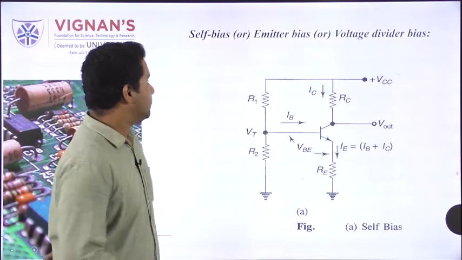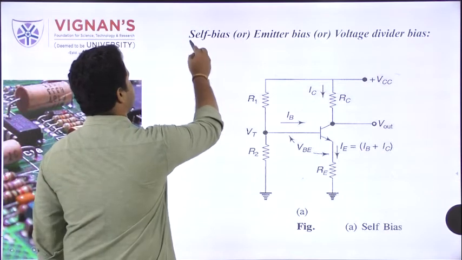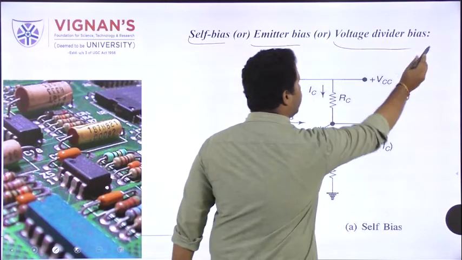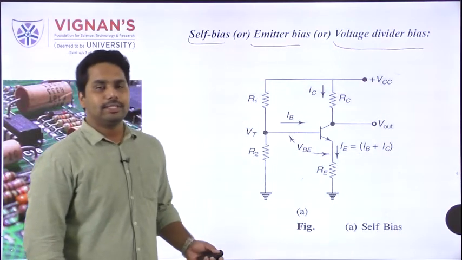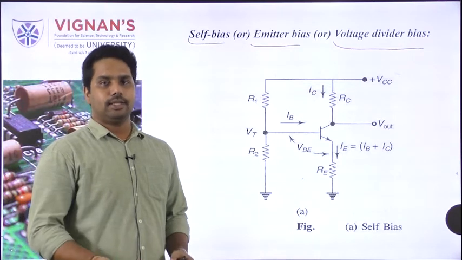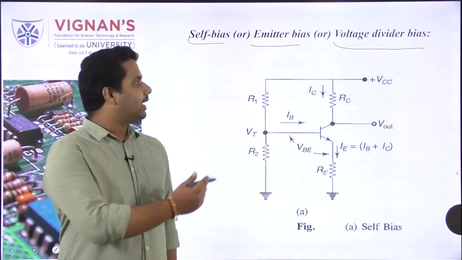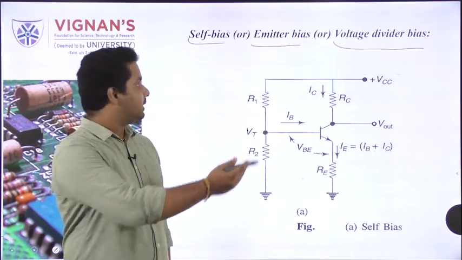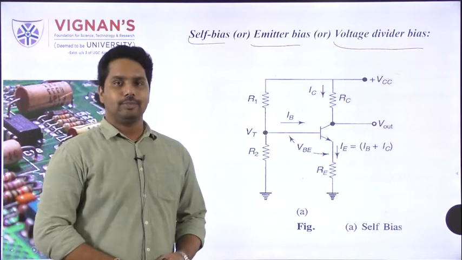That is the self bias, or you can call it emitter bias or voltage divider bias. This is the most commonly used biasing method. You can call it potential divider bias, voltage divider bias, emitter bias, and self bias. Many names are there.